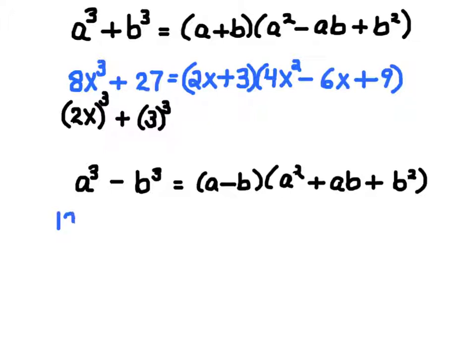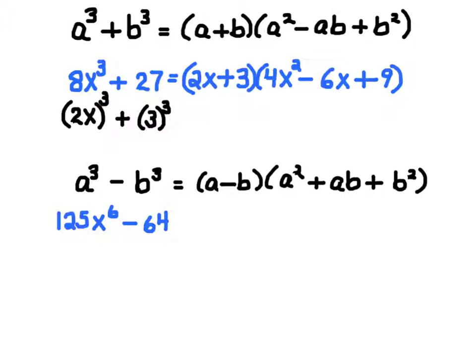So we'll say 125x to the 6 minus 4 times 4 is 16 times 4 is 64. So what I have is the difference of two cubes.